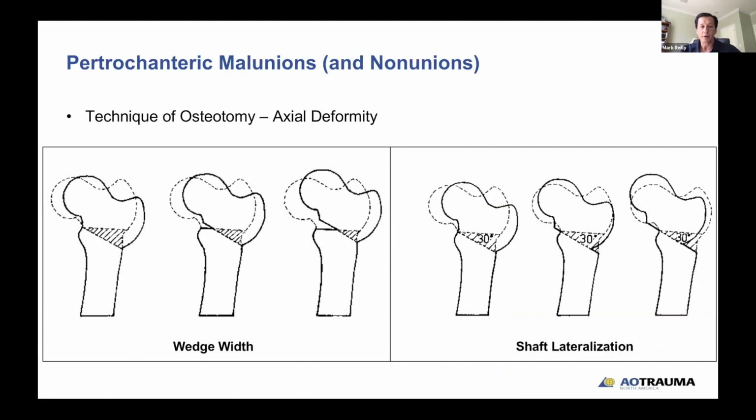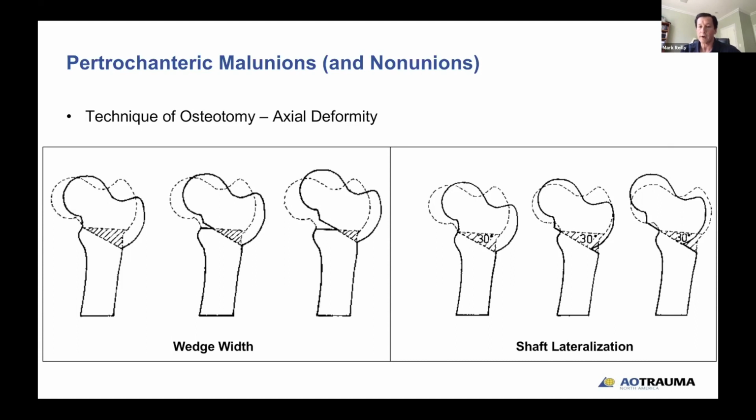That's the angular deformity, but then we have the axial deformity, both length and rotation. As I said, I'm not going to talk about rotation, but the shortening. So similar to the femoral neck, our techniques for reestablishing length through the osteotomy is either the amount of wedge that we take, so the width of the wedge. If we go all the way across the femur, we don't achieve as much lengthening as if we take a small wedge, where we get much more lengthening, but in exchange for less bone contact.